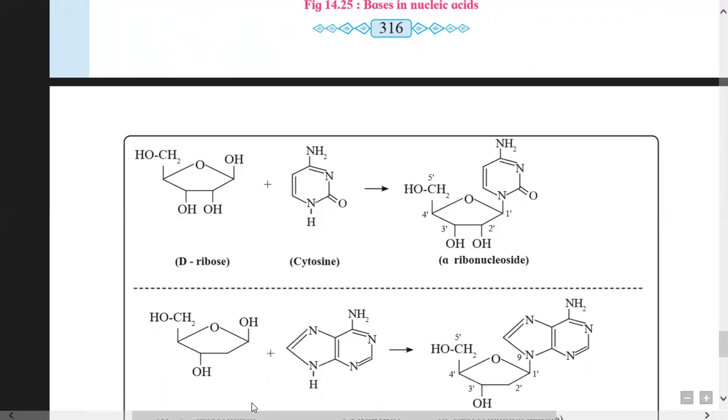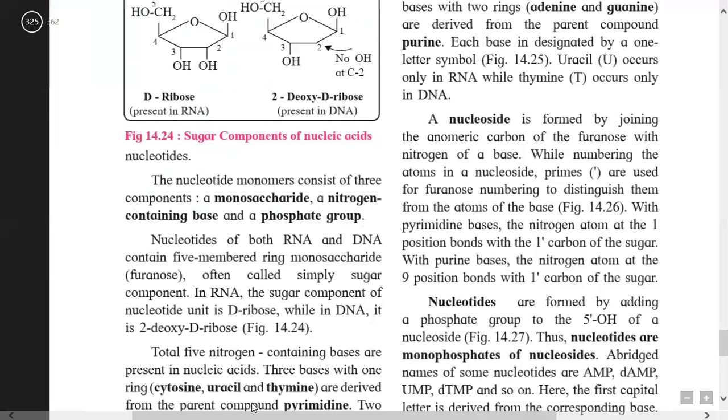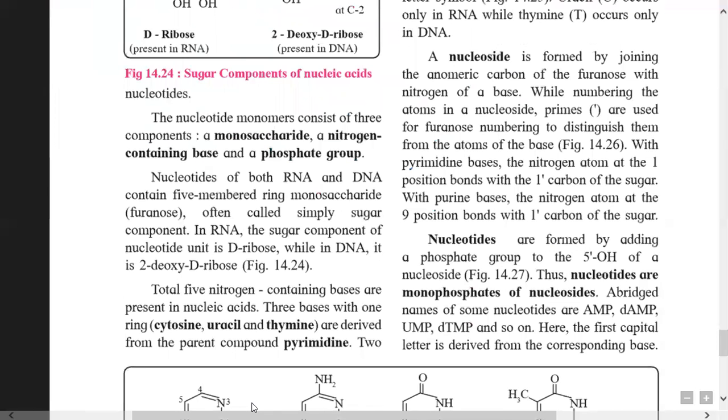The base used here is cytosine. So this prime numbering is used in the sugar or monosaccharide component of a nucleoside. With pyrimidine bases, the nitrogen atom at the one position bonds with first prime carbon in the sugar. With purine bases, the nitrogen atom at ninth position is bonded with first prime carbon in the sugar.